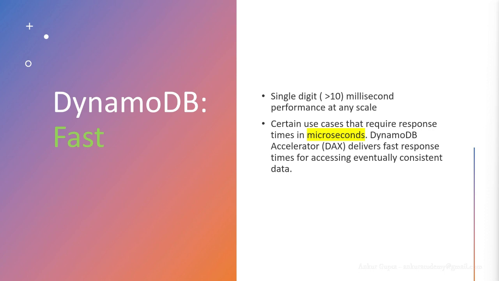In certain use cases, you can also use the DynamoDB Accelerator or DAX service, which provides latencies in microseconds and really fast response times for your application. Now only eventually consistent data is currently supported with DAX or DynamoDB Accelerator, so that's something you need to keep in mind.